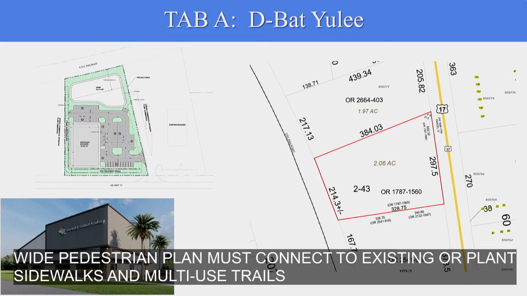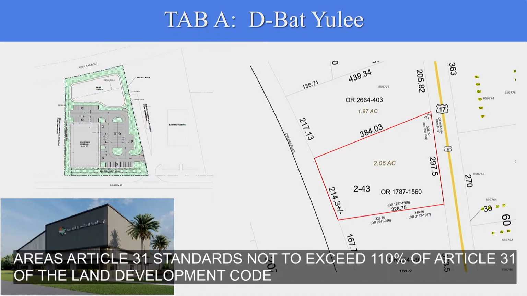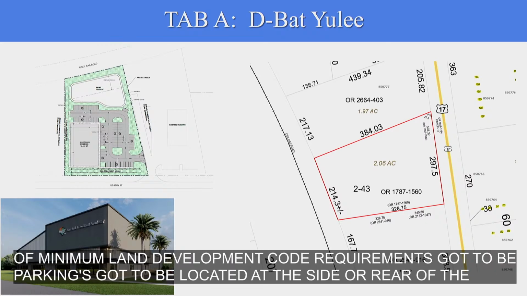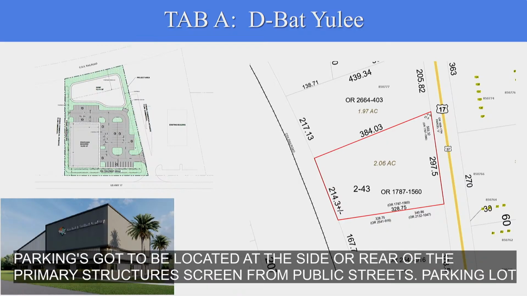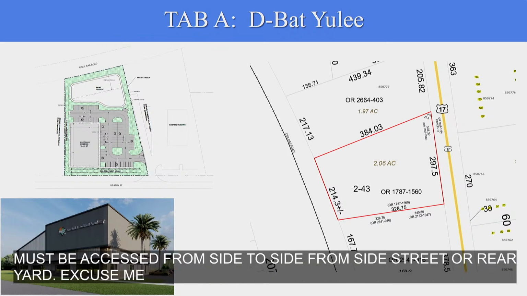Parking areas, Article 31 standards: not to exceed 110% of the minimum requirements of Article 31 of the Land Development Code. Parking has to be located to the side or rear of the primary structures, screened from public streets. Parking lots must be accessed from a side street or rear yard or rear road.